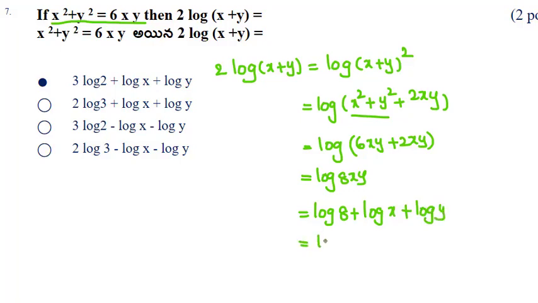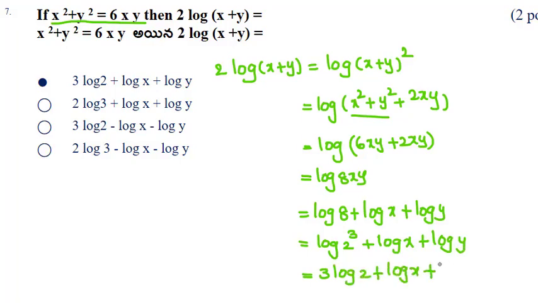Log 8 can be written as log 2 cube, plus log x plus log y. So log 2 cube equals 3 log 2 plus log x plus log y. So the answer is 3 log 2 plus log x plus log y.